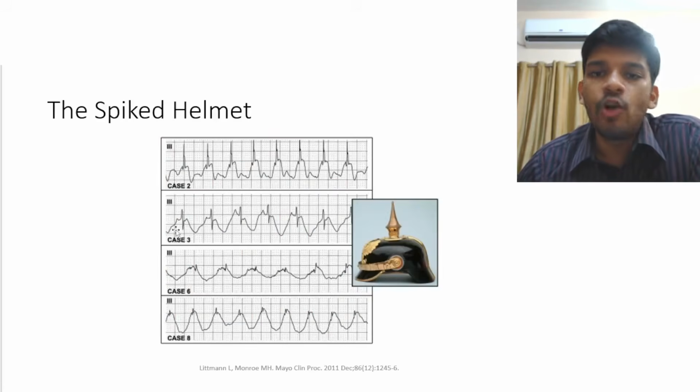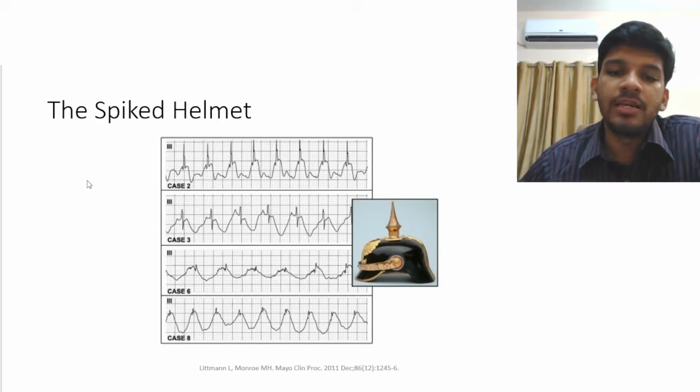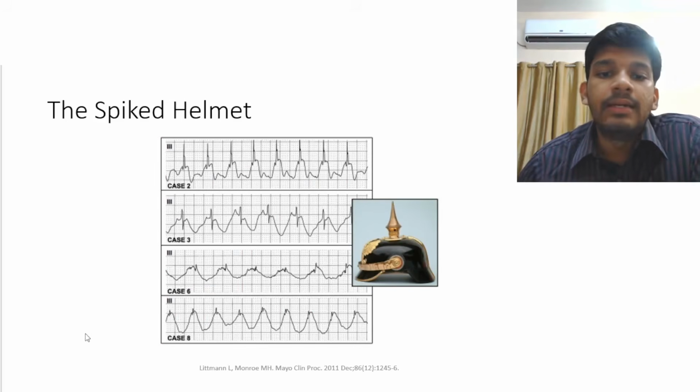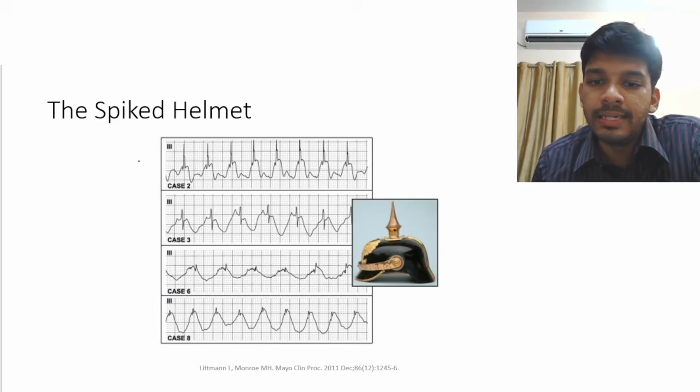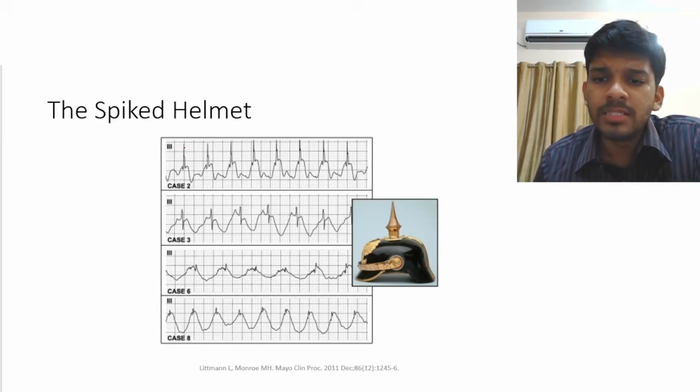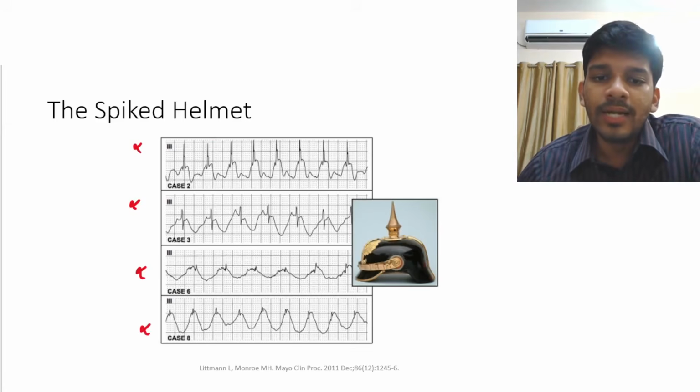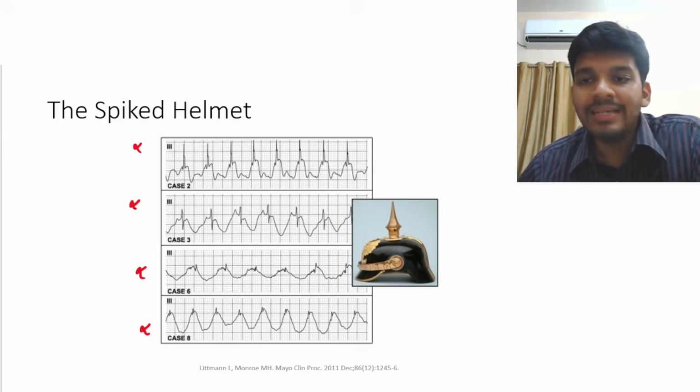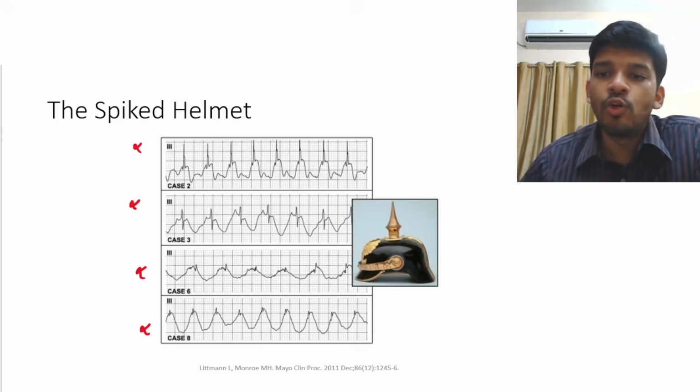Another finding that is very commonly seen in ICU patients, and in fact is a benign finding: in critically ill patients, you can see some ST segment elevations, especially in lead 3. These patients actually do not have ST elevation MI. It is due to their critical illness that you get an ST elevation artifact. This apparent ST elevation is in the form of a dome and spike pattern.